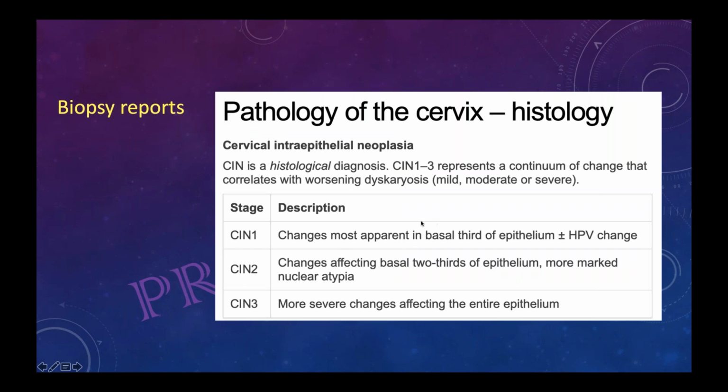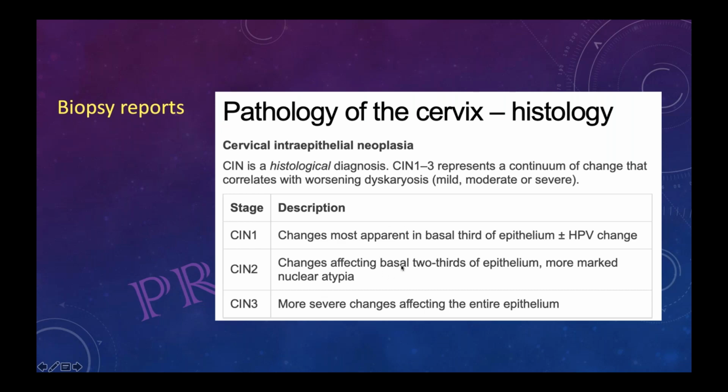They will write in the question stem basal one third, so that is CIN 1. CIN 1 is where changes are in the basal one third, so remember this basal one third. CIN 2 will be basal two thirds, and CIN 3 will be the entire epithelium.